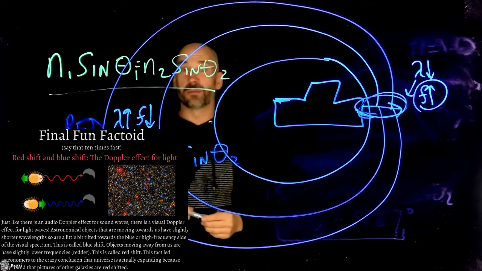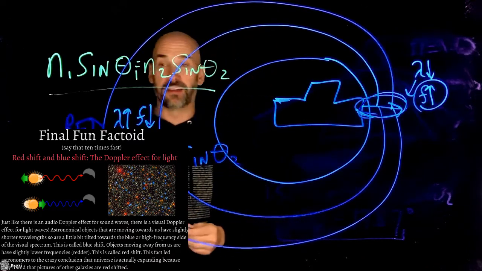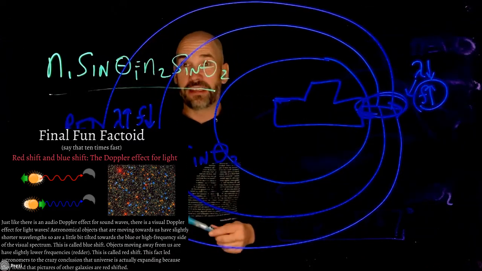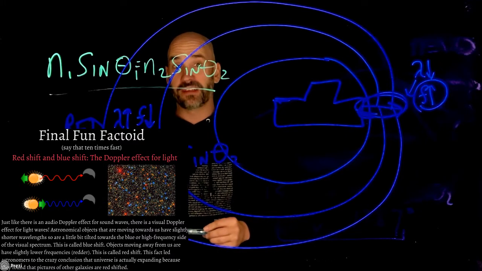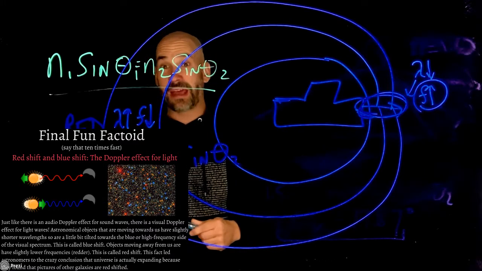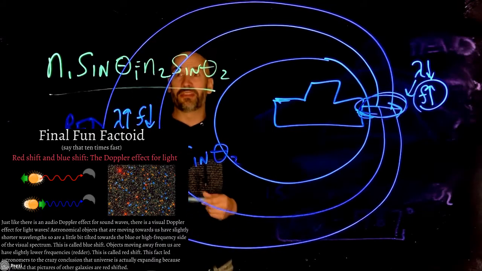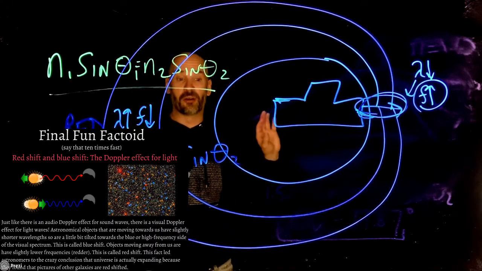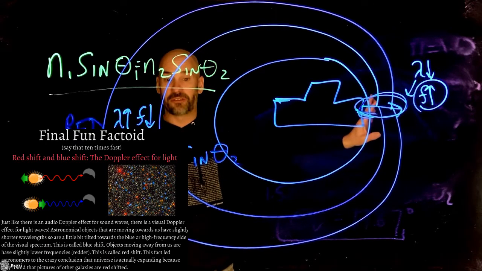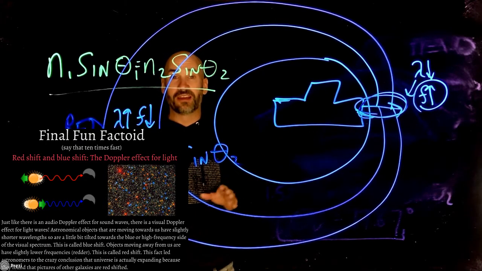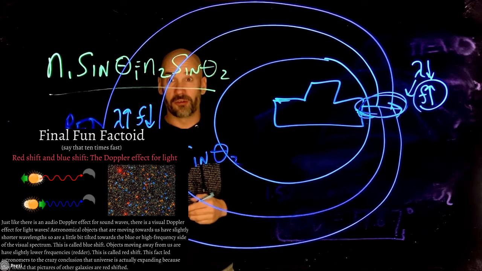And this led to some wild breakthroughs in astronomy, including the insight that the universe isn't just expanding, but it's expanding at an accelerating rate. In other words, things aren't just moving away from us. They are racing away from us and getting faster and faster and faster, which is bizarre, right?